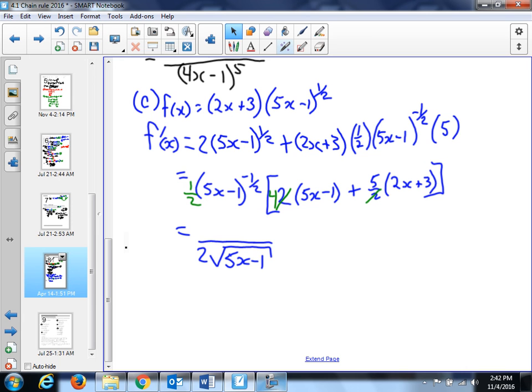So 20x minus 4, plus 10x plus 15. That should be 30x plus 11. There's no more to do on this.